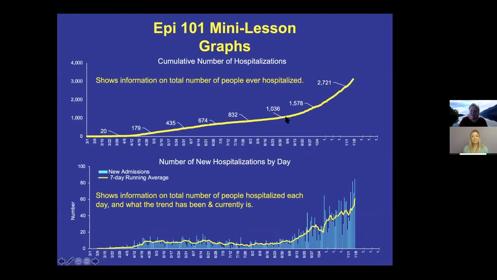So this is giving us information on the total people hospitalized since March 1st, whereas this graph is showing more information on the total number of people hospitalized each day and what has been happening in terms of the trend for that data.